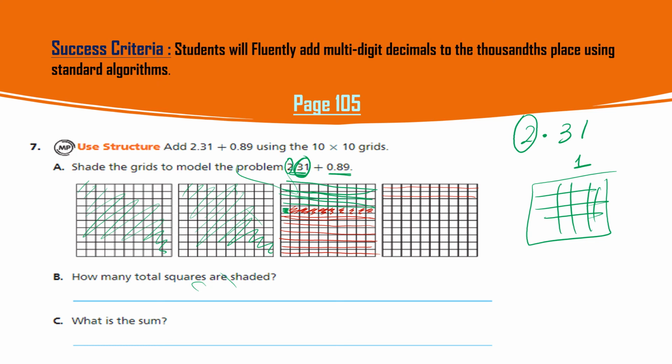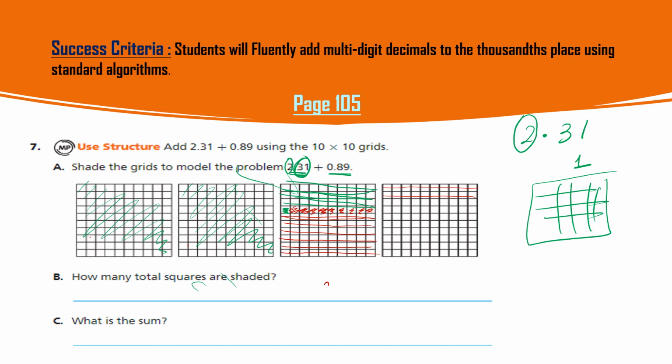Okay, so now how many in total? How many total squares are shaded? You shaded here 100, here 100, 200, that is, two wholes. Then here total 300 and 320 squares you have shaded.